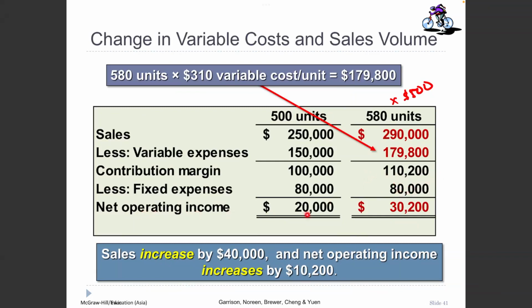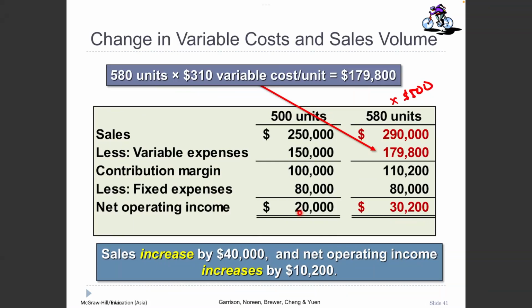So the net operating income increased to 30,200. As you can see here, the sales increased by 40,000, 290 minus 250 here, and the net operating income increased by 10,200. You can see 30,200 minus 20,000, so the net operating income increased by 10,200.